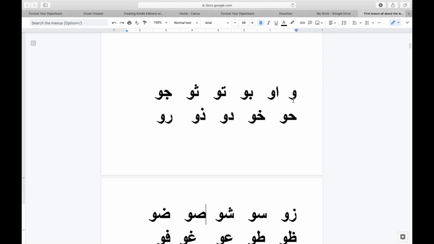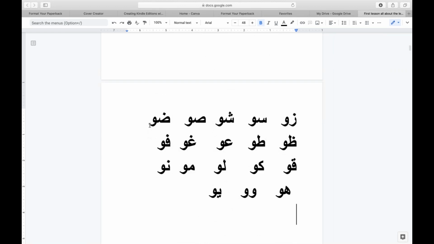Now the letter waw with the vowel o: wo, bo, to, tho, jo, ho, kho, do, tho, ro, zo, so, sho, so, tho, or tho, both of them right, ayn, go, co, low, mo, no, ho, wo, yo.